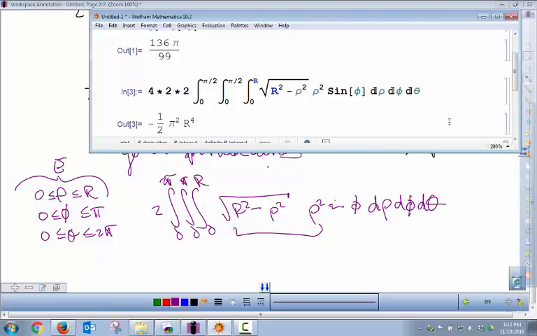When you integrate with respect to p, then you change the order. When you integrate with respect to p, then make it first. But would that make a difference? Sine going from 0 to pi, it goes from 0 to 1, so that just contributes 1.